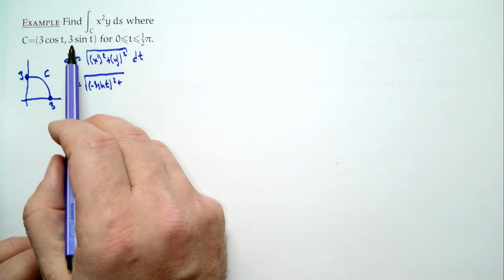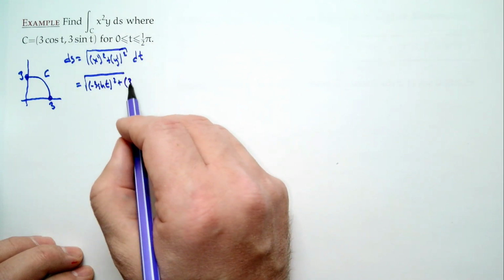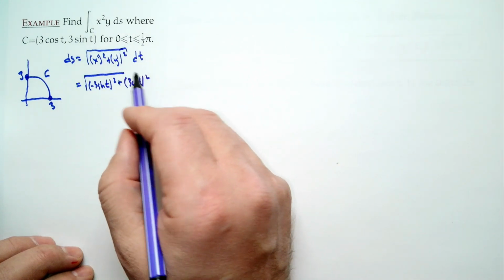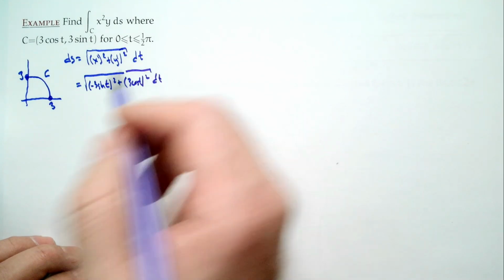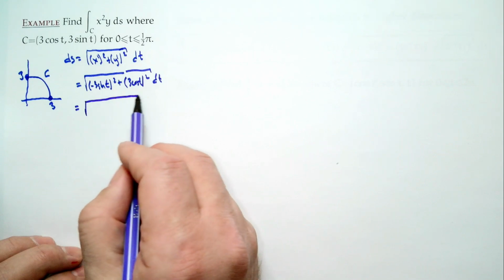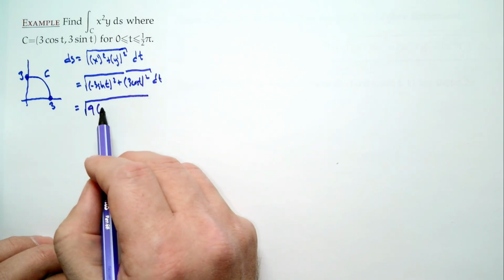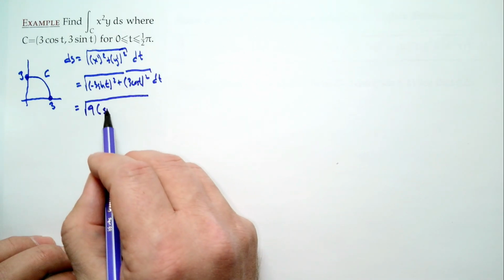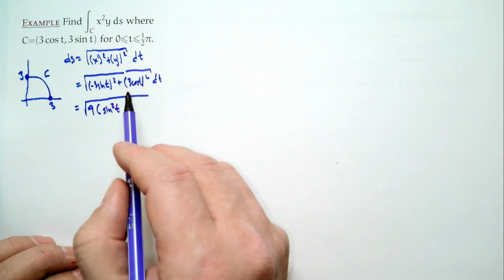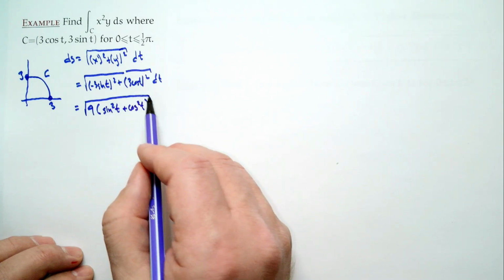What's the derivative of y with respect to t? 3 cosine, so we'll have 3 cosine t squared, dt. Now, when you square that out, both terms have a 9, so if you pull that out, you'll get negative sine squared, which is just sine squared, and over here cosine squared.